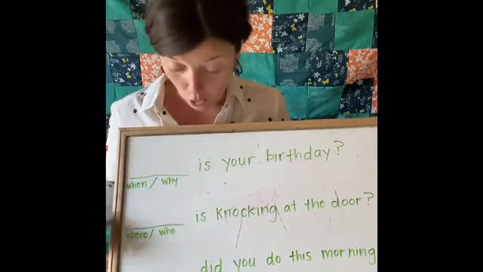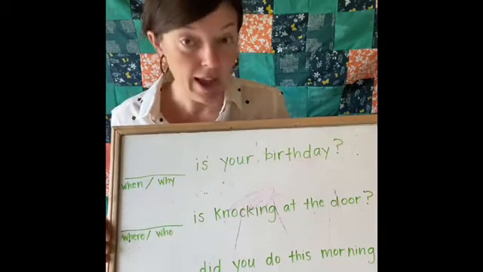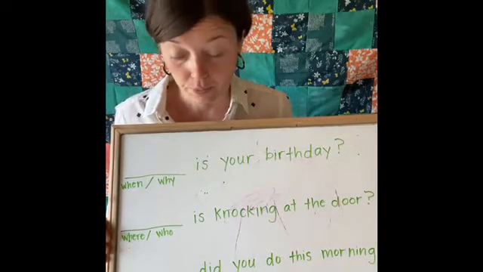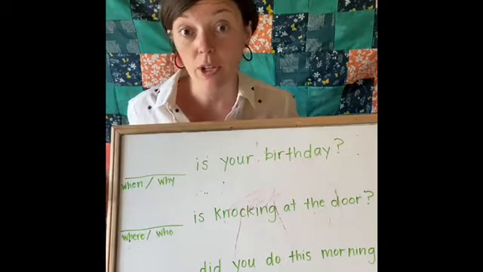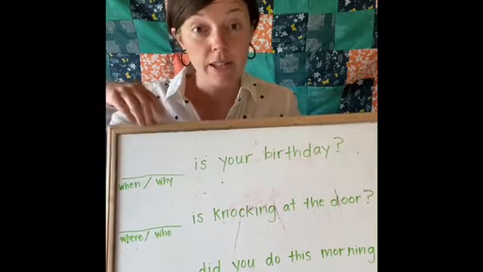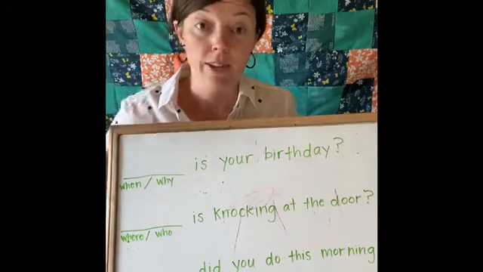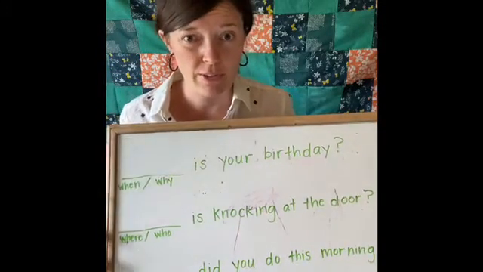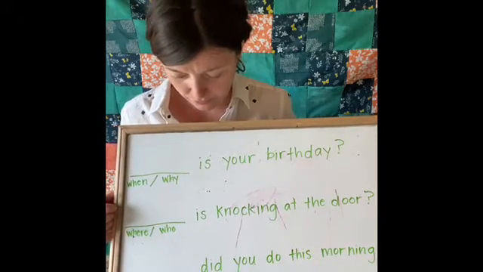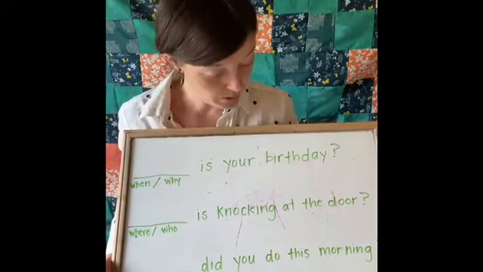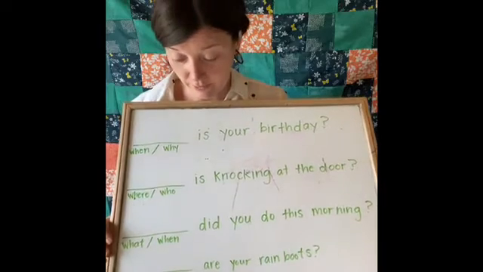Or who is knocking at the door? So if you want to follow along, you can be circling the words that are correct, or you can be writing the word that is correct in your journal, and you don't have to write the whole sentence if you don't want to.